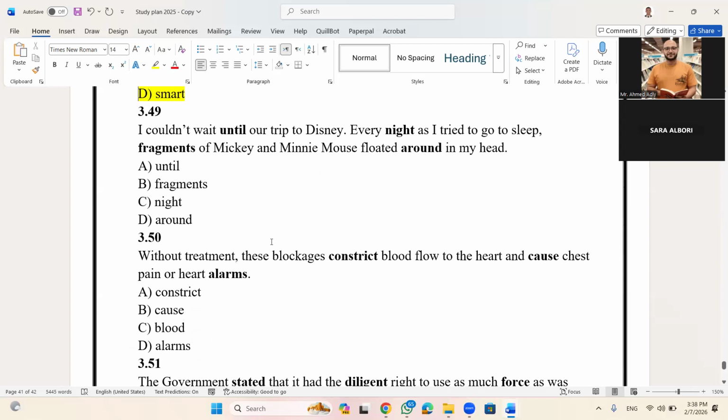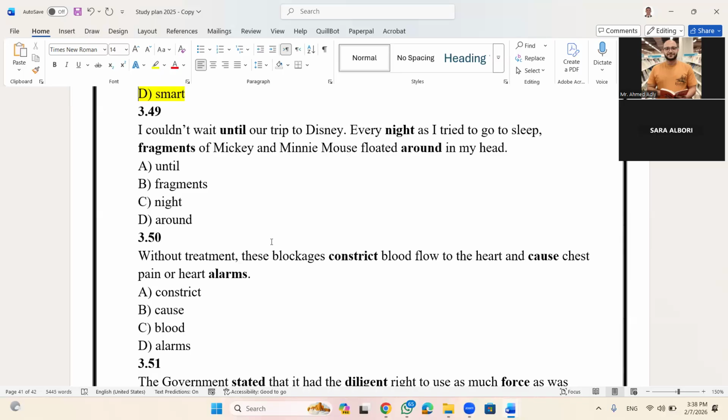As I tried to go to sleep, fragments of Mickey and Minnie Mouse floated around in my head. So here I'm talking about my visit to Disney, and I'm obsessed by this visit.